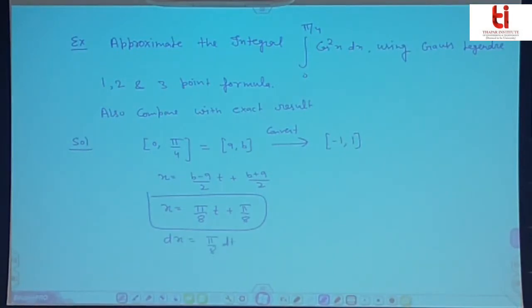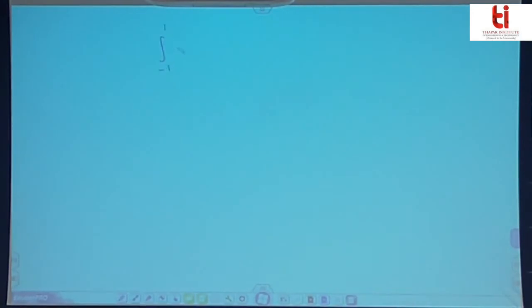And the integral from minus 1 to 1 of cos square of pi by 8 (t plus 1) dt is the form of the integral of cos square x dx from 0 to pi by 4 converted into the dt form.